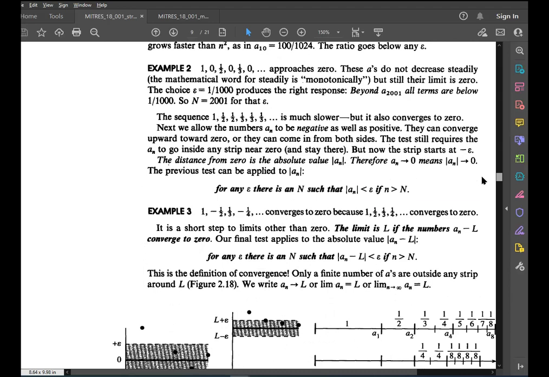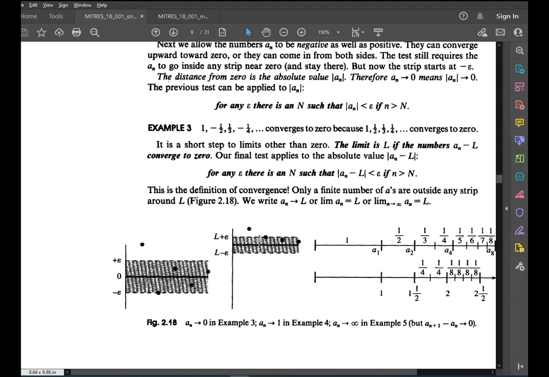Here we said if I choose any epsilon, then I can find an N, which may be very large, such that the values of the sequence stay within epsilon of the limit. Remember the limbo idea, that after some time, I'm always able to go under the limbo bar. So that's the same thing here.